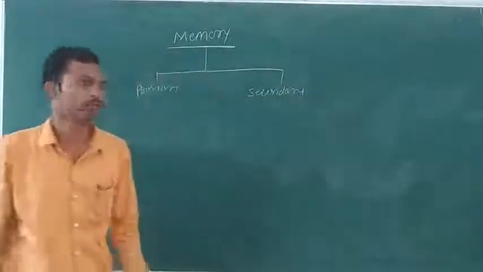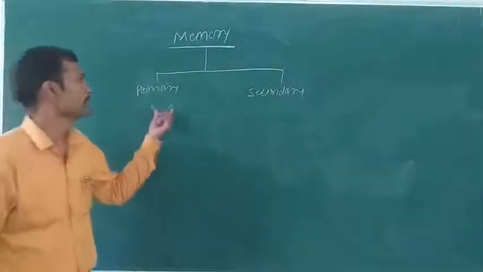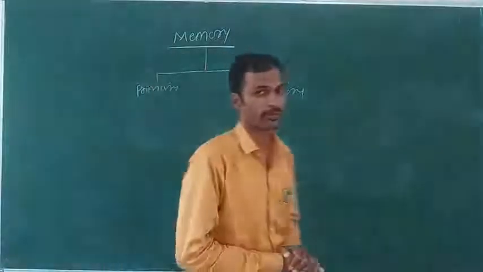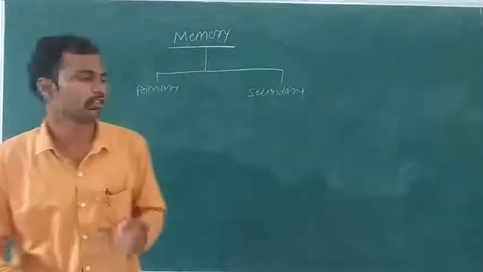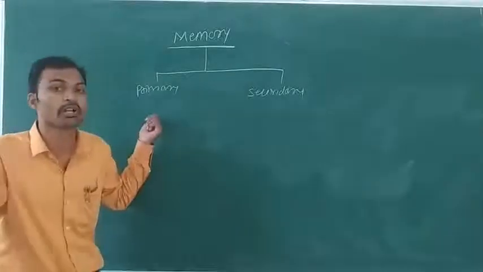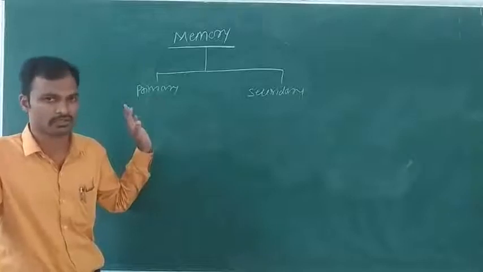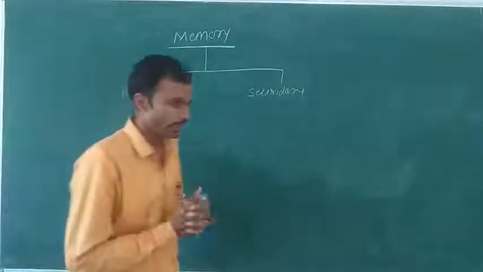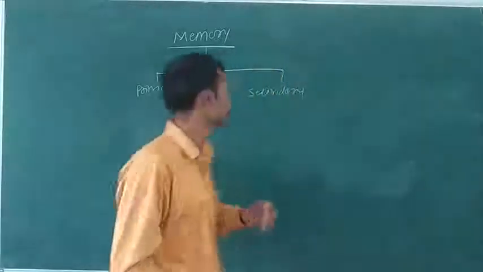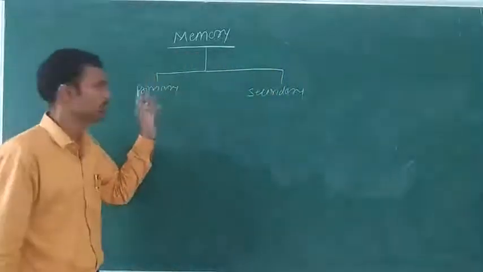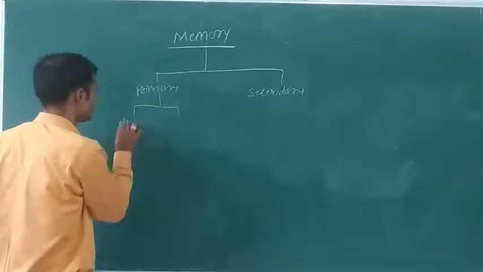So what do you mean by primary memory and secondary memory? Primary memory means the memory used for temporary purposes. Whenever the CPU needs memory for temporary purposes, it is provided by primary memory. It contains 2 types: one is RAM and second is ROM.